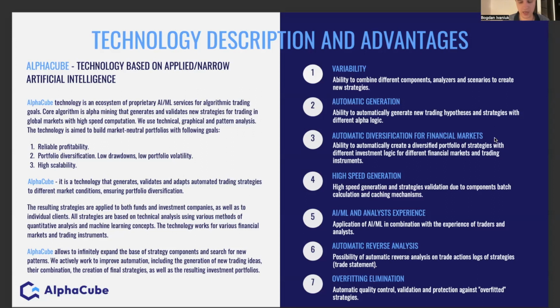Even neural networks and machine learning models can give you a response of true or false. We call such components filters. And we have a lot of them. We have 300 different indicators, filters, and components that are used in our strategies, and then we generate different combinations of them.